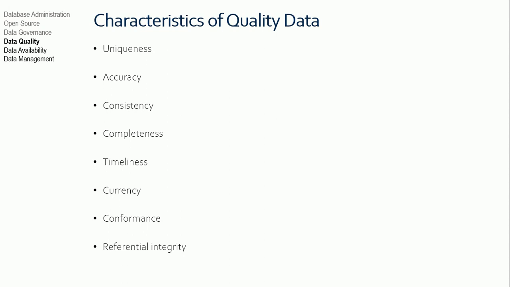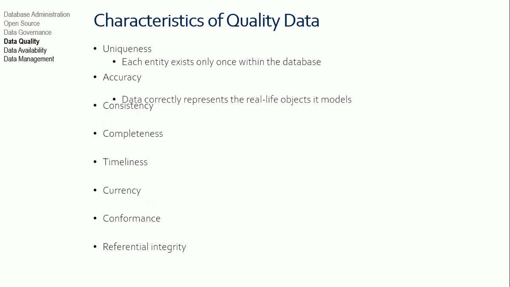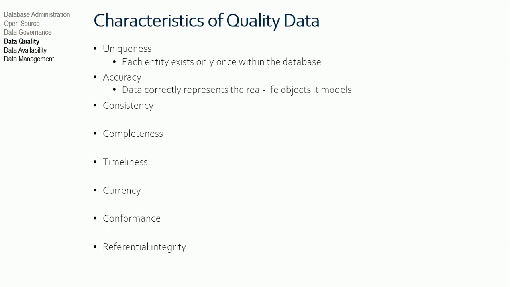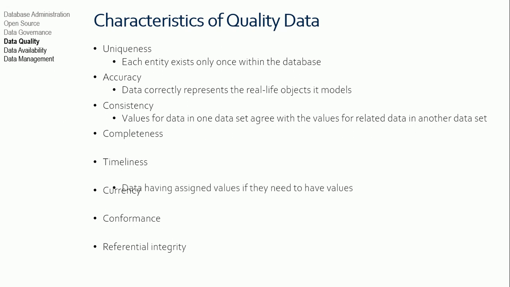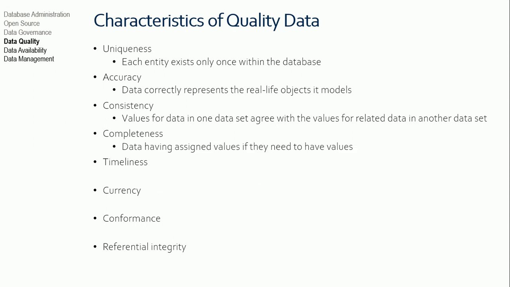So there's some characteristics of quality data. One is uniqueness. Each entity exists only once within the database. And again, that goes back to normalization. We talked about that. Accuracy, right? It correctly represents the real objects that it's modeling. It has consistency, so the data in one data set agrees with values for related data in other data sets. We have completeness, so we have all of the values that we need. The data is there when we need it.